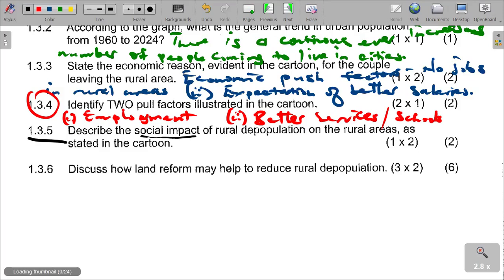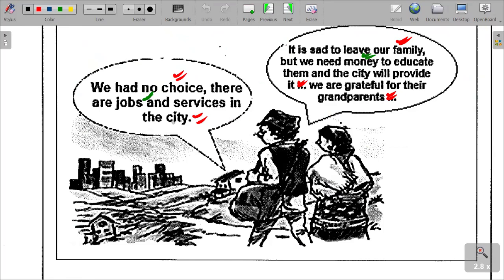So we have got the concept, there is an idea that is pointed out there to say it is so sad to leave our families, but we need money to educate them. The city will provide it. We are grateful for their grandparents. So we talk about the social impact in this case: grandparents left behind and family bonds being broken.